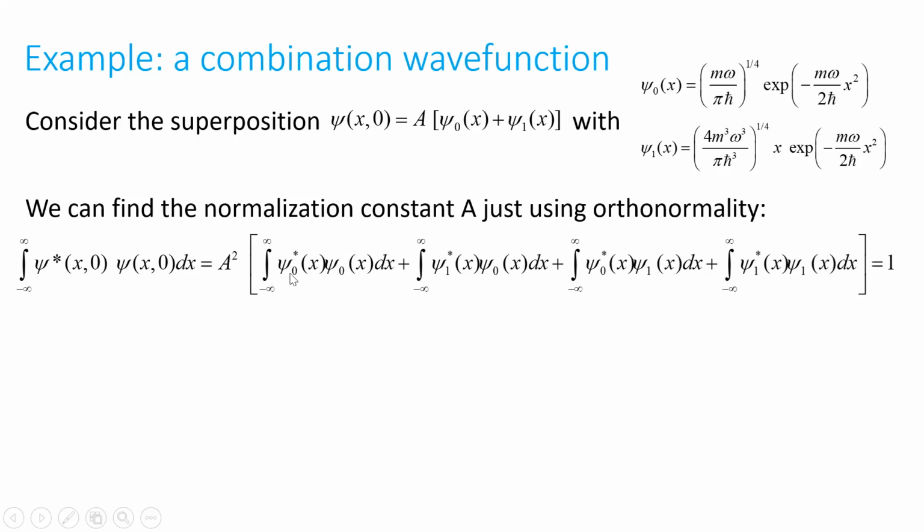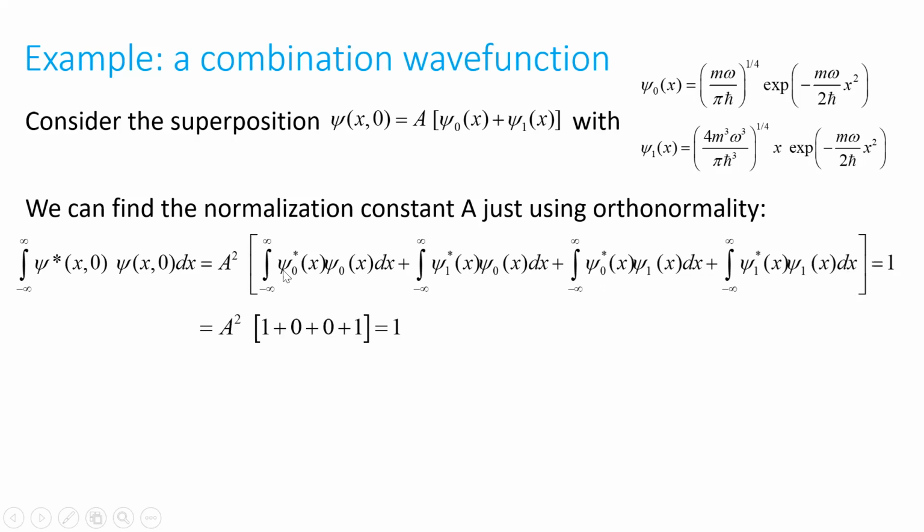The first term is the normalization integral for psi 0, which is 1. The second term is the overlap integral between psi 1 and psi 0, which, since they're orthogonal, is 0. The third is the overlap integral between 0 and 1, which, as we already said, is 0. And the last one, since psi 1 is normalized, is 1.